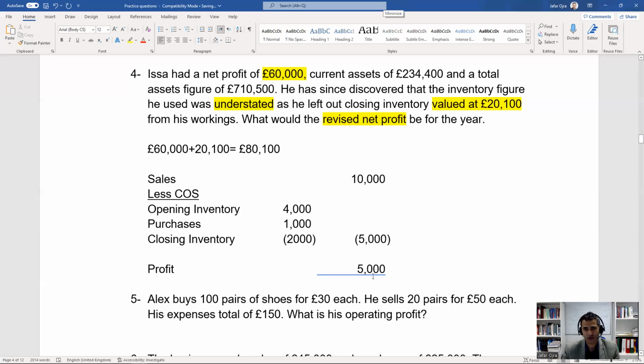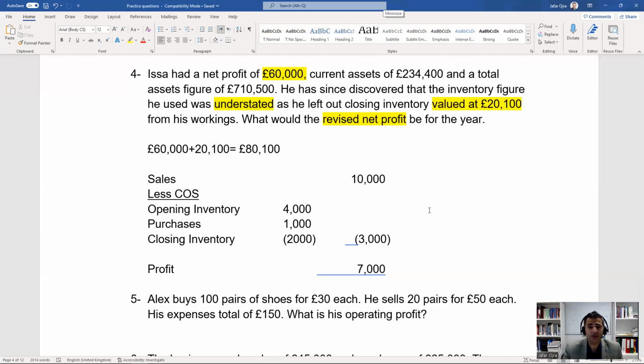The cost of sales, instead of 5,000, will be 3,000, and the revised net profit will be increased by 2,000, to 7,000. That's the proper cost of sales: 4 plus 1, 5, minus 2 equals 3. So the point here is that if you miss the closing inventory, or it was understated, you need to add it back on the net profit.